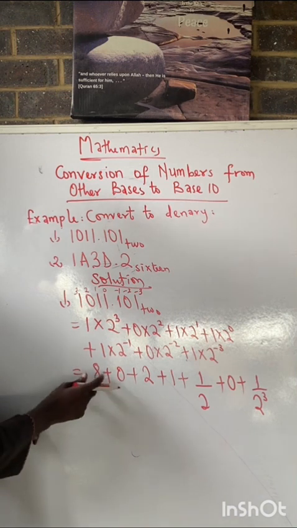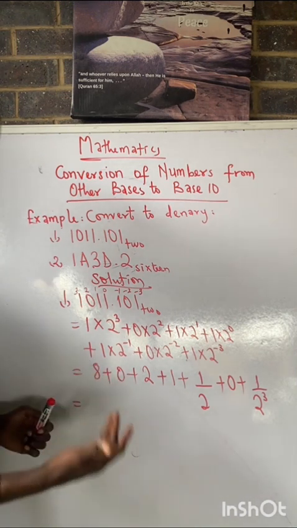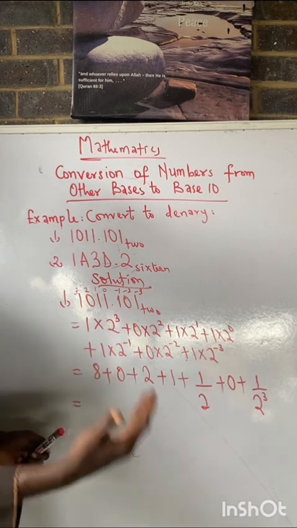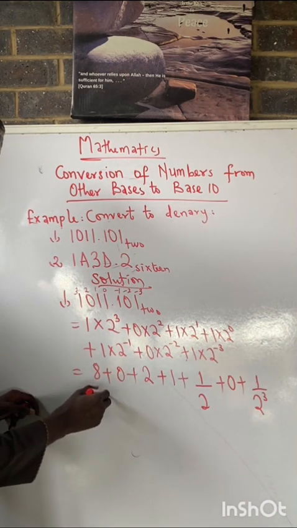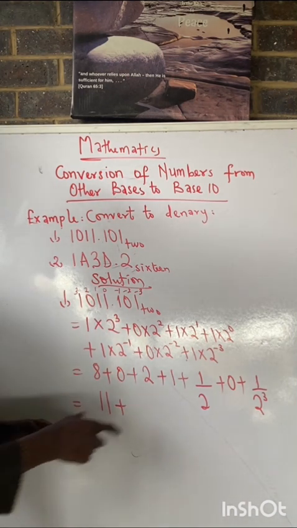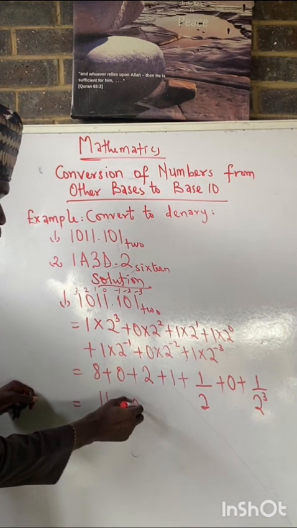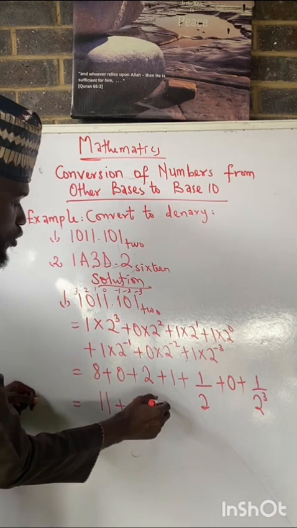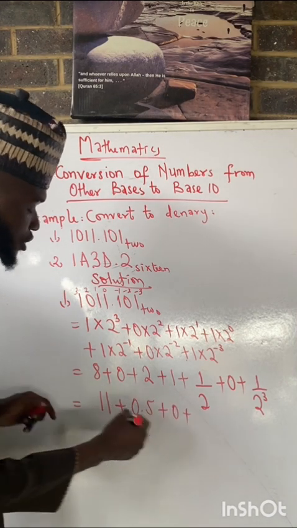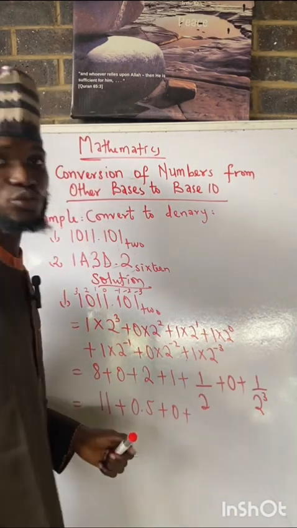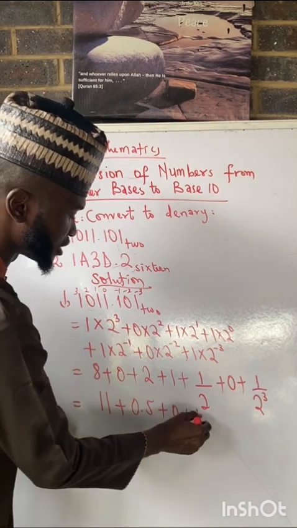Let's see. 8 plus 0, that's 8. Plus 2, that's 10. Plus 1, that's 11. Plus, now we have 1 all over 2 here. That's 0.5. Plus 0, plus 1 all over 2 raised to the power of 3, which is 1 over 8.